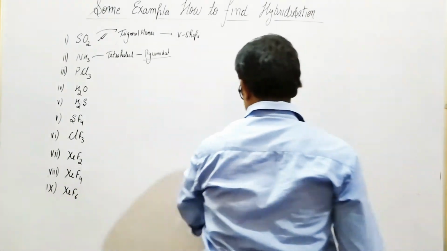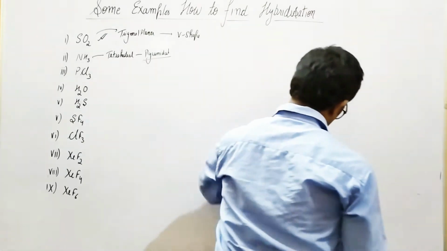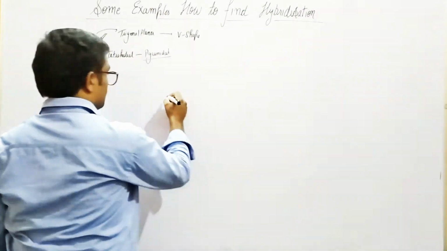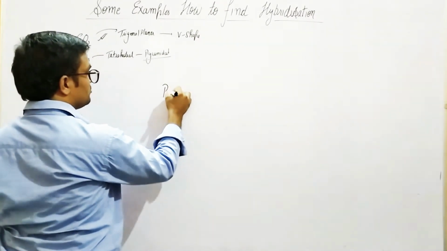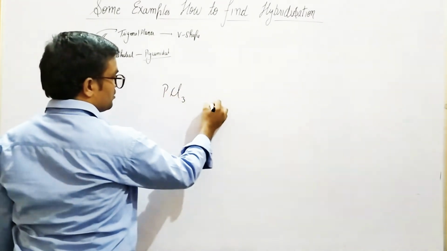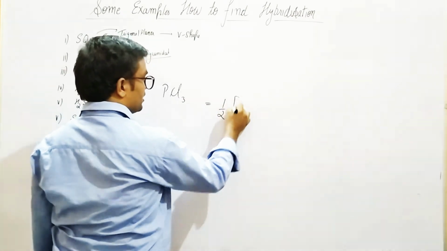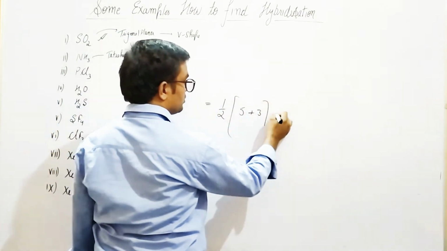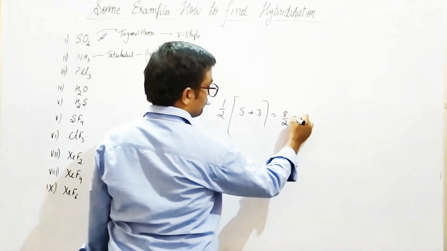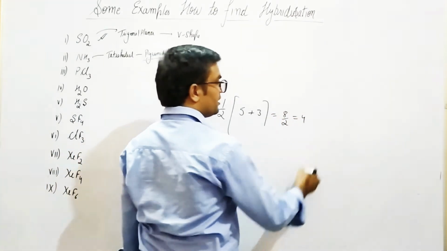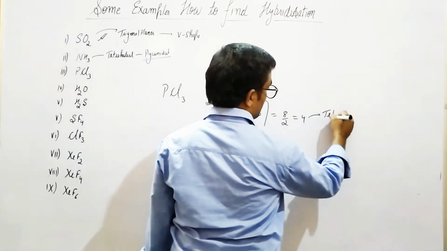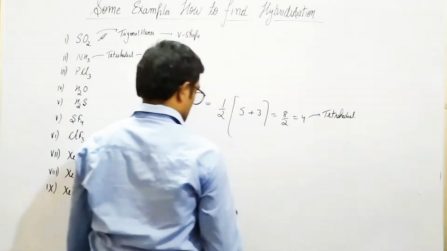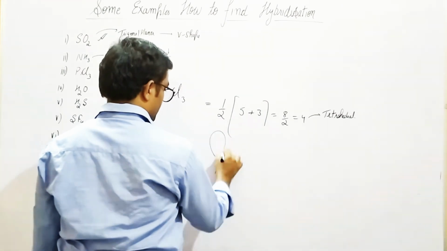All the halogen atoms and hydrogen are considered to be monovalent atoms, like this in PCl3. In PCl3, half the valence electrons of phosphorus are 5, plus 3 monovalent atoms, it also comes out to be 4. That is, therefore its structure or geometry will be tetrahedral, like this. It has one lone pair.